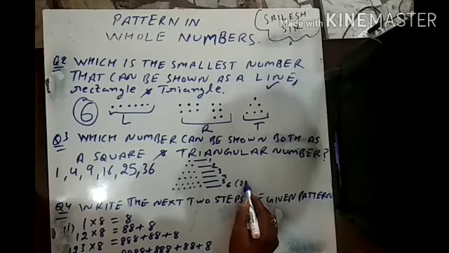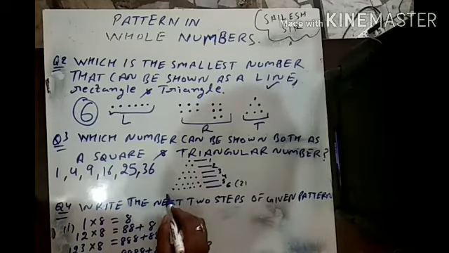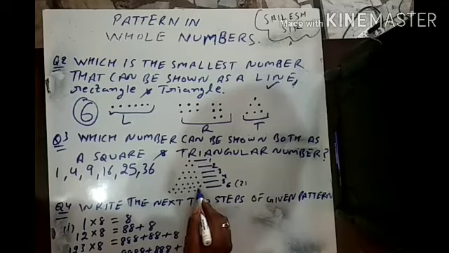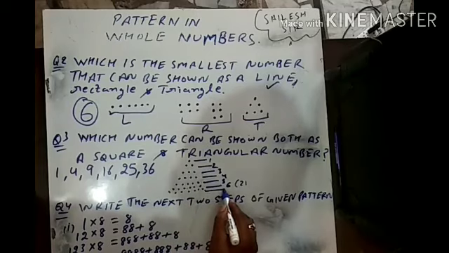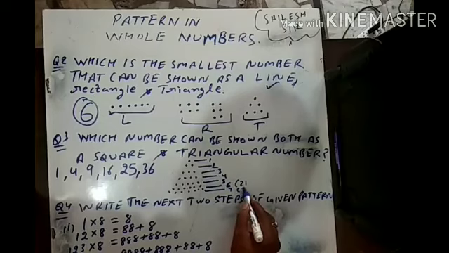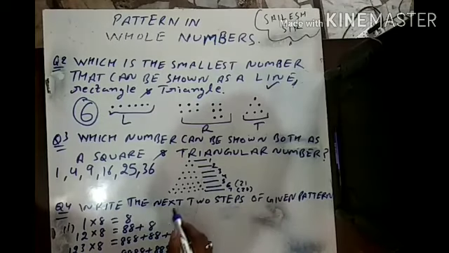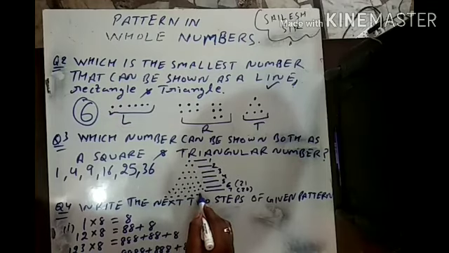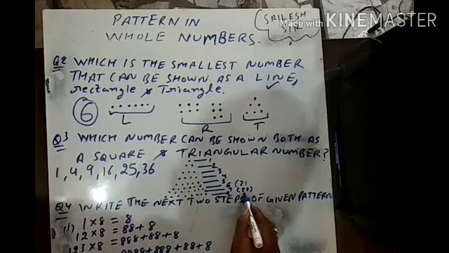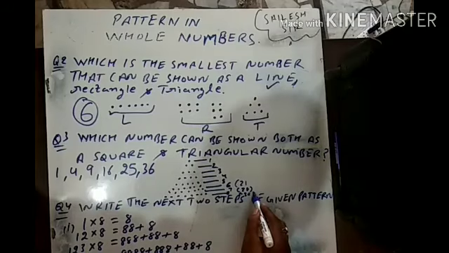Up to here we get 21. After that 7. 1, 2, 3, 4, 5, 6, 7. And therefore the counting there is 28. And after that we need 8 that satisfies the number 3, 4 and 4. This is 8. So it completes our 36.